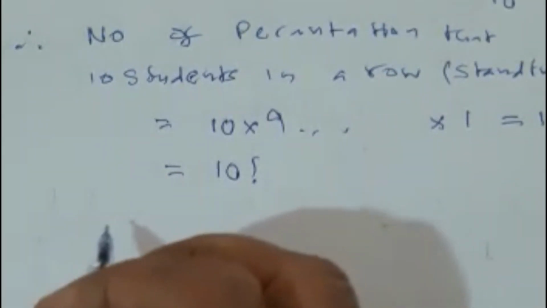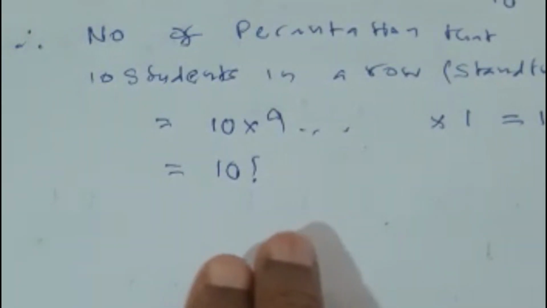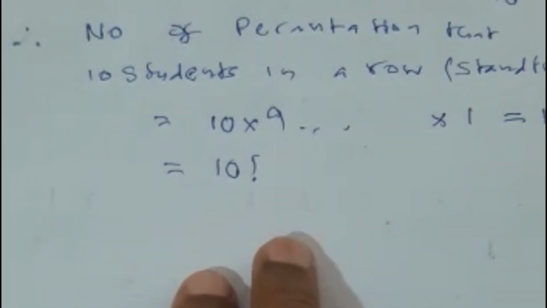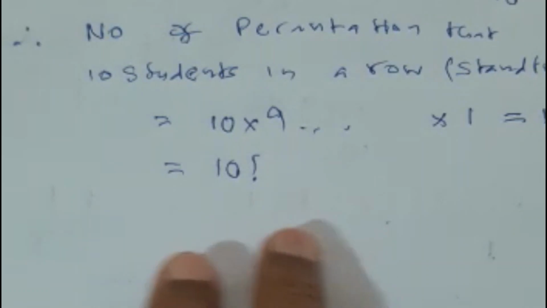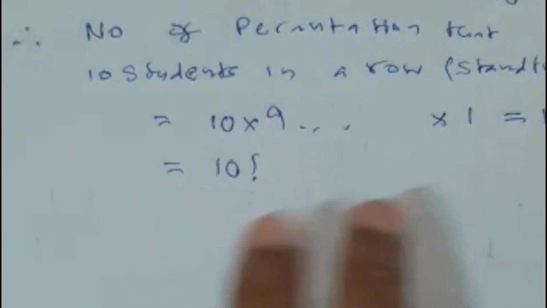The question says there are 2 particular students, and you can't keep them together. You can't allow the 2 students to always be standing next to each other.